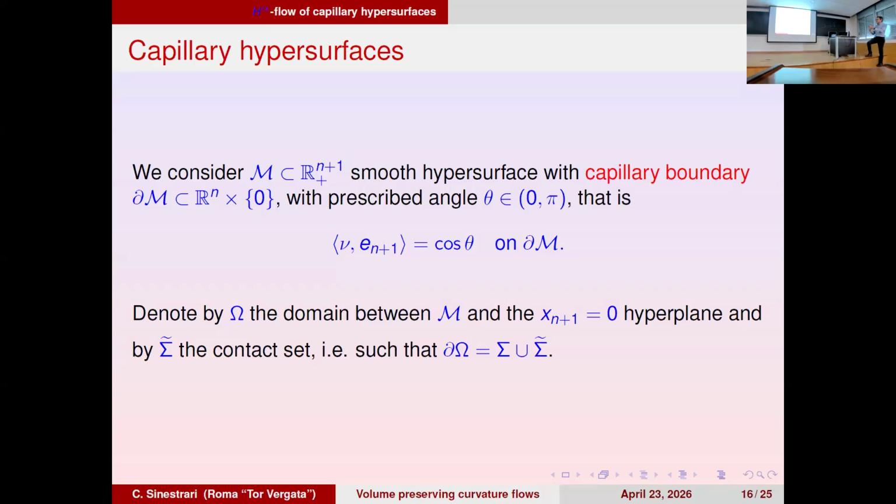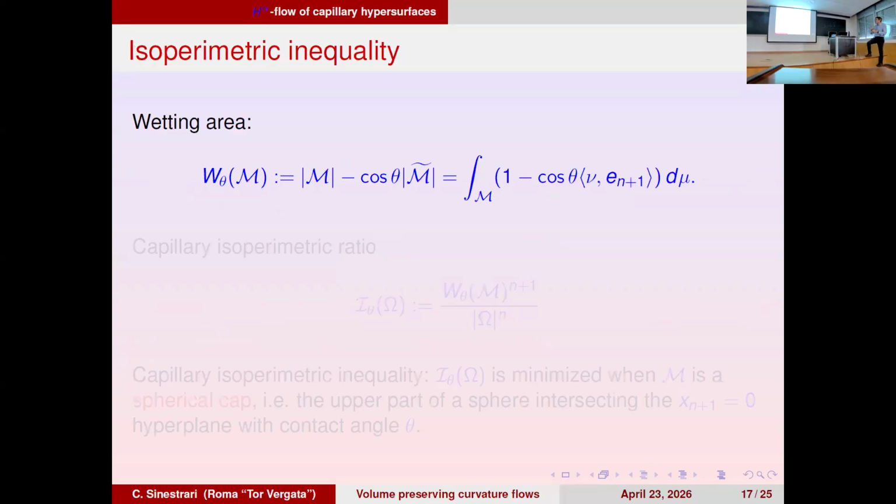Okay. Then one can adapt the definitions of the closed case. So instead of considering the Euclidean area of M, it's more natural to consider this expression: the Euclidean area minus the area of this contact region multiplied by cosine theta, which can also be regarded as an integral of that expression on M. Then one can define the capillary version of the isoperimetric ratio, replacing the usual area by the wetting area.